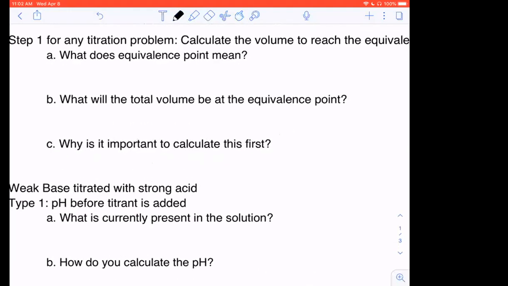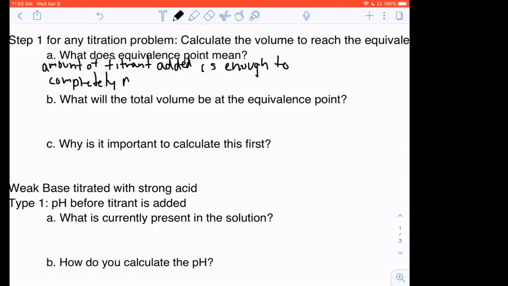First of all, what the equivalence point actually means, I'm going to write out the definition here: the amount of titrant added is enough to completely neutralize the solution. Sorry, it's taking me a sec to write on this, and the handwriting's really bad. Okay, so that is the definition of the equivalence point.